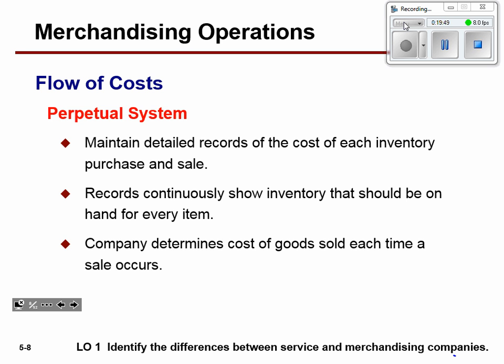that means that there are detailed records of the cost of each inventory at the purchase and then later at the sale. It's continuously showing what they have on hand, and it's determining COGS every time a sale occurs.